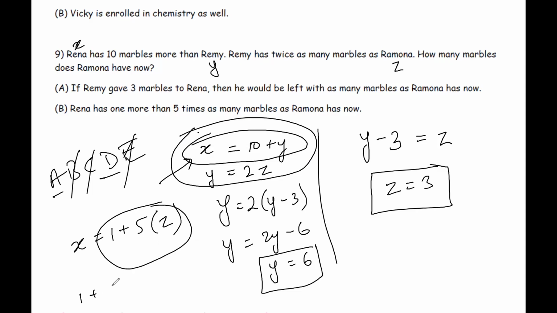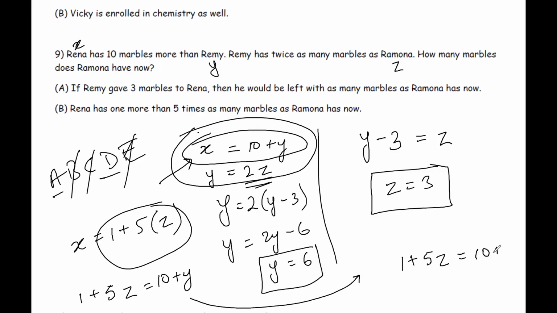So we get 1 plus 5z is equal to 10 plus y. And what is y? Y is 2z. So I'll just complete it out here. 1 plus 5z is equal to 10 plus 2z. So 3z is equal to 9, z is equal to 3. So we get the same answer. Each alone answer. So D is the answer.